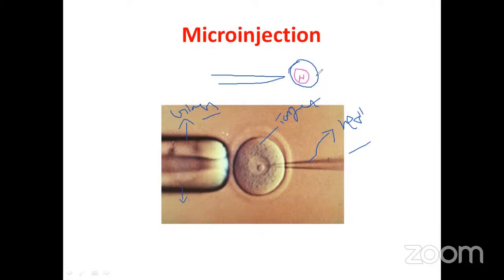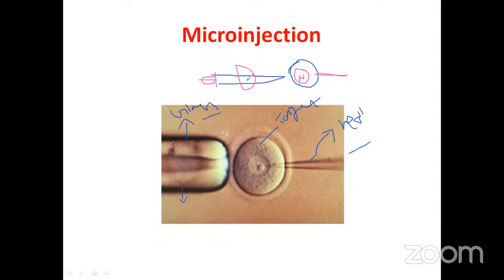So this is the nucleus. Now, this whole process is under the microscope. Here one hand holds the pipette with a micromanipulator, and the needle is held with another micromanipulator. The desired genes are present inside this micropipette injection.